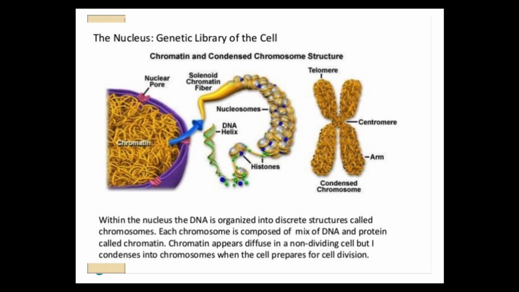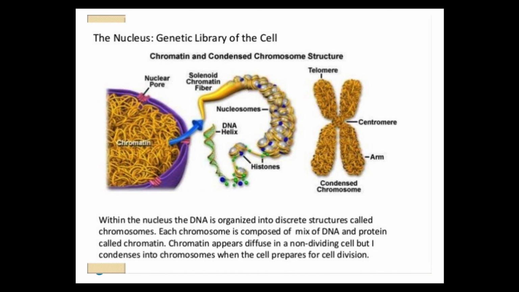Chromatin appears diffuse, it looks like a plate of spaghetti, okay? When the cell is non-dividing, when the cell does not have to divide, that's what it looks like. But as soon as the cell divides, the chromatin is going to condense into that condensed chromosome that we see on the right.